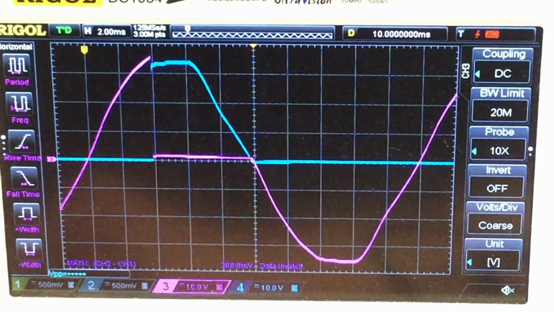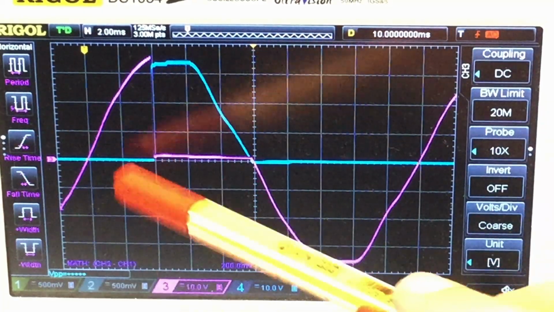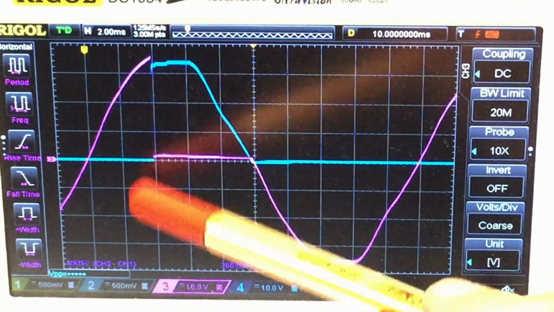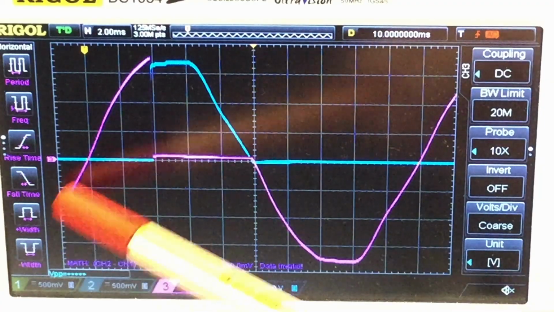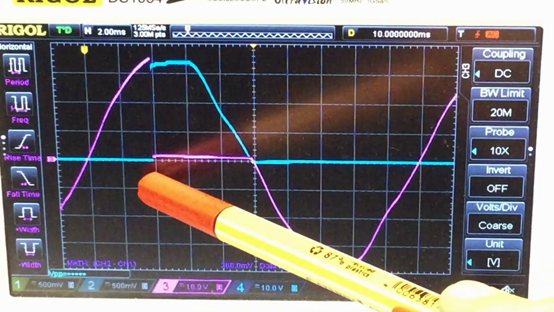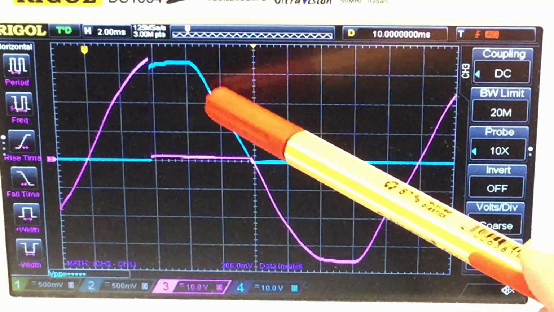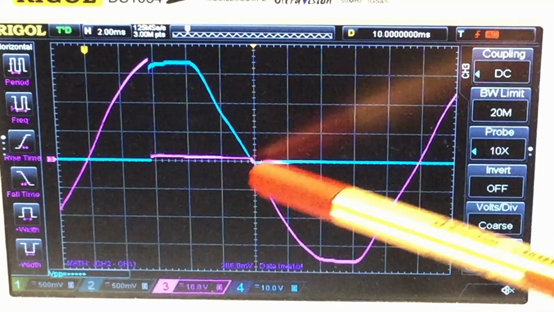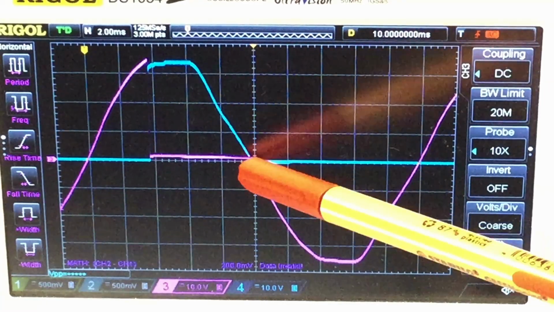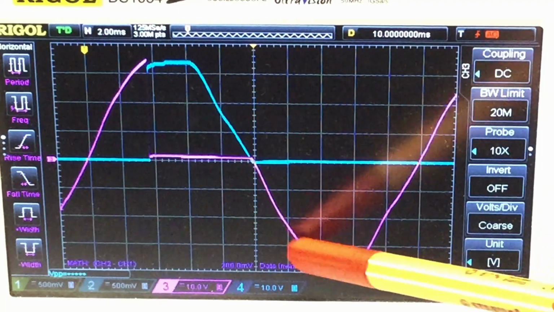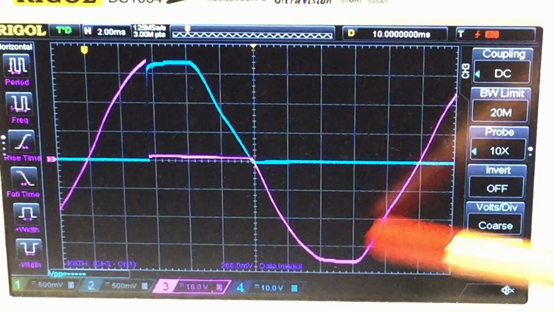So right there, you see that in the middle of the first half wave, my voltage drop across the TRIAC goes to 0, and I have a voltage drop across my light bulbs until we are at the 0 point and the TRIAC switches off again, so the second half wave is again completely dropped over the TRIAC.